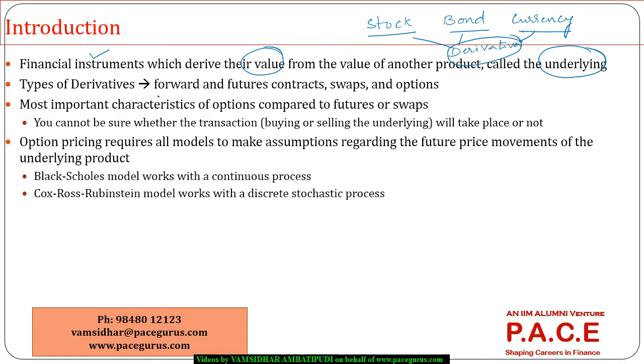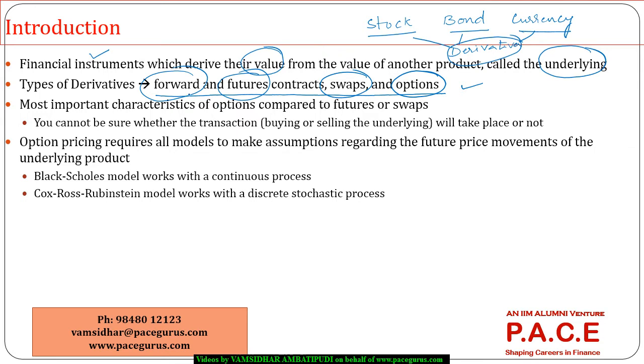And we also know that there are majorly four forms of derivatives: the forwards, the futures, the swaps, and the options. Here the intention is not to talk too much about the forwards, futures, and swaps. In this session our focus is more on options, and they are different from the rest, right?